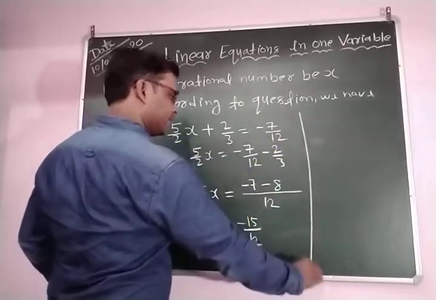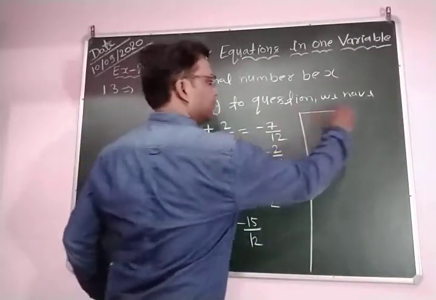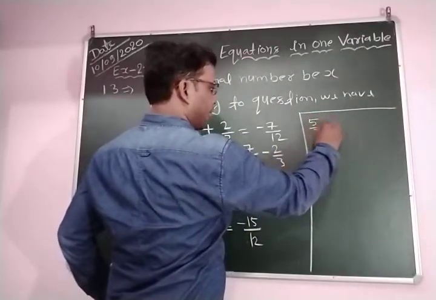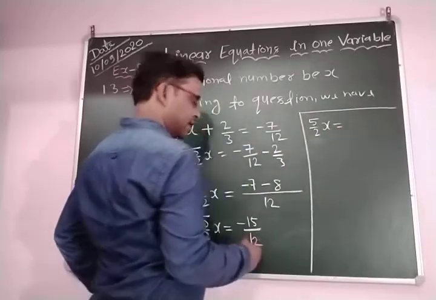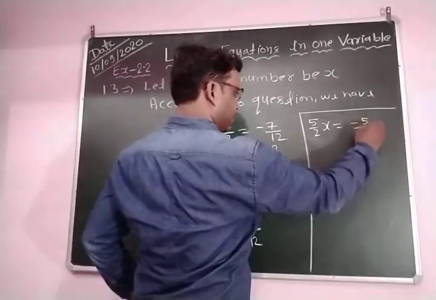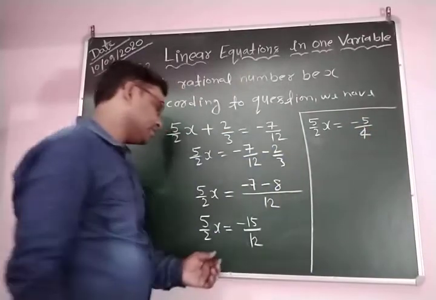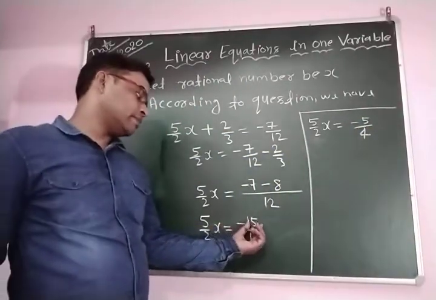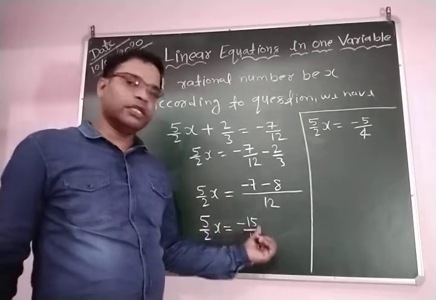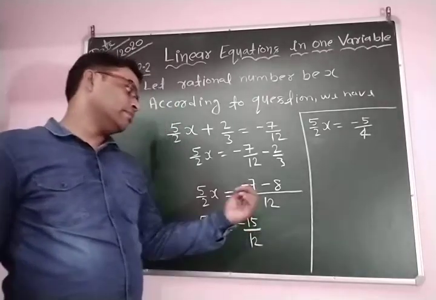5 by 2x is equal to, if you simplify this, minus 5 by 4. If you divide the numerator and denominator by 3, then you obtain minus 5 by 4.